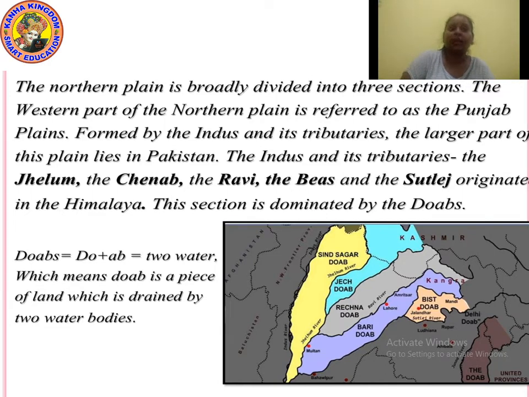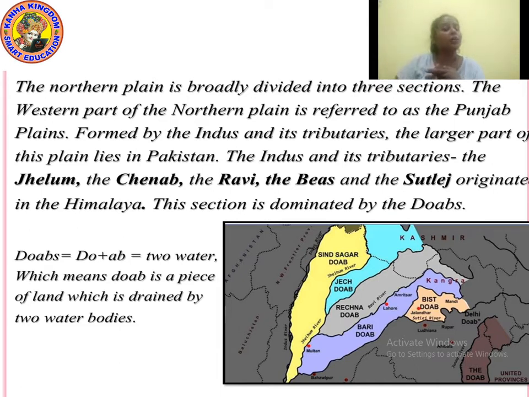The Indus River and its tributaries, the Jhelum, Chenab, Ravi, Beas and the Satluj, originate in the Himalayas, the main Himalayas.